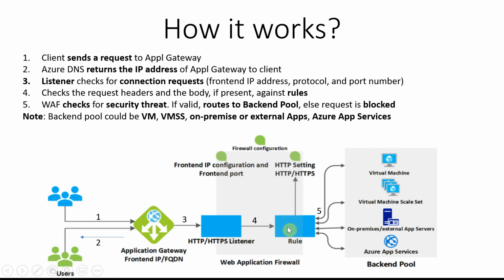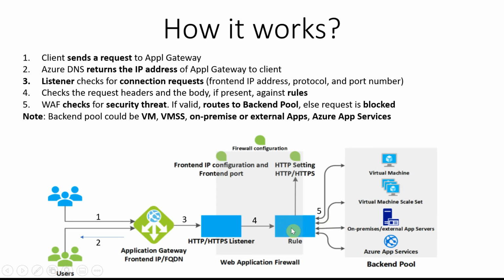For example, if traffic is coming from a client with this header, route the traffic to this virtual machine. You can write a lot of rules like this, the same rules we saw before. If the traffic is coming from this IP, then route the traffic to this virtual machine.